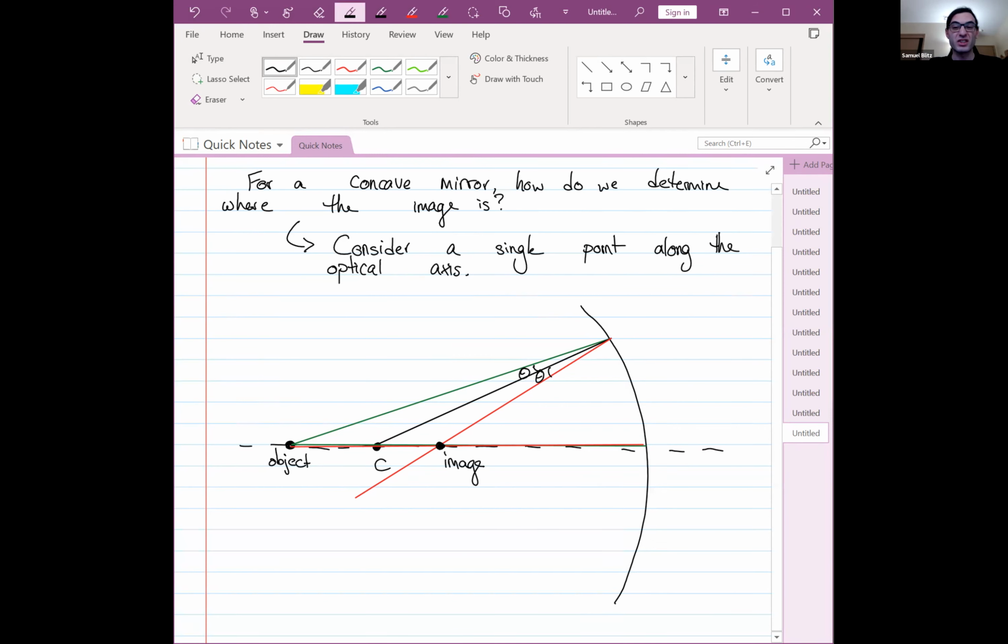So again, because this is a spherical reflector and not a parabolic reflector, which is what you would need for exact convergence, all of the different rays will only approximately converge on that point. Once you start looking at very high angles, they will get further and further away. But for the most part, using the small angle approximation, they all will converge at that point. So if we were to draw more rays, they would all bounce and pass through that single point.